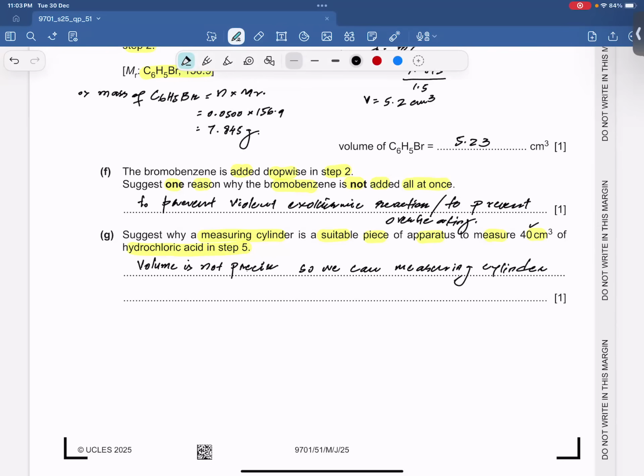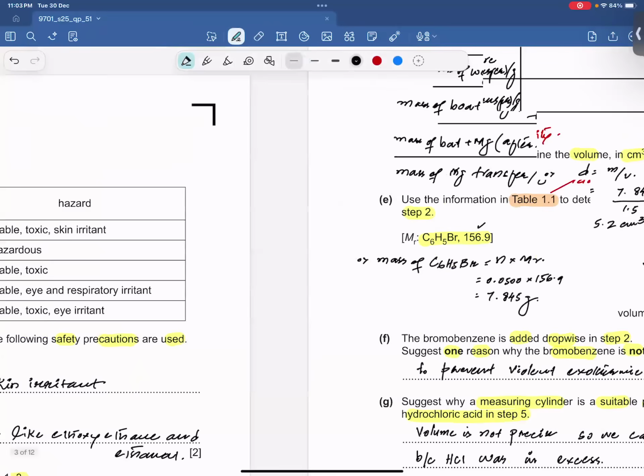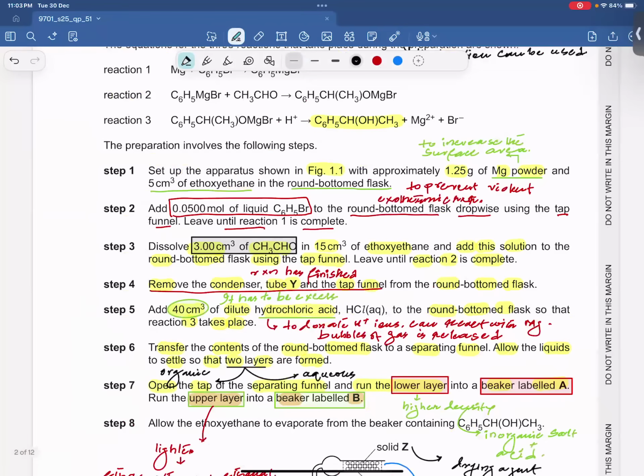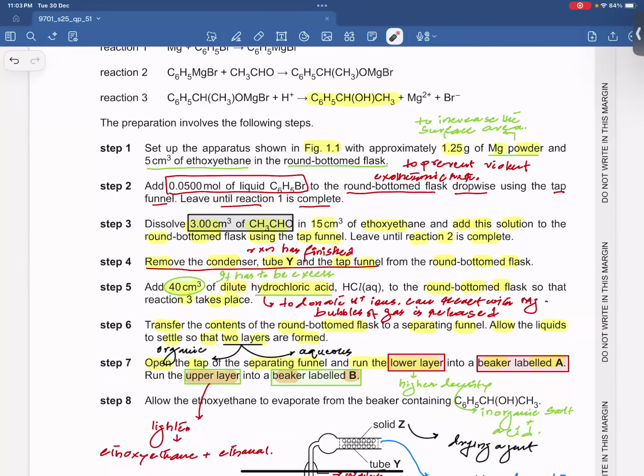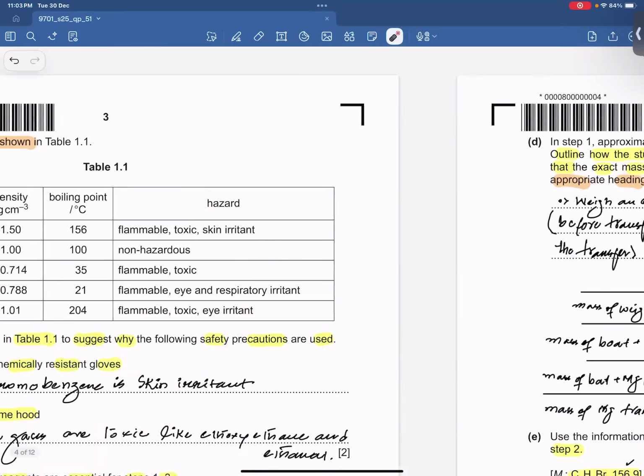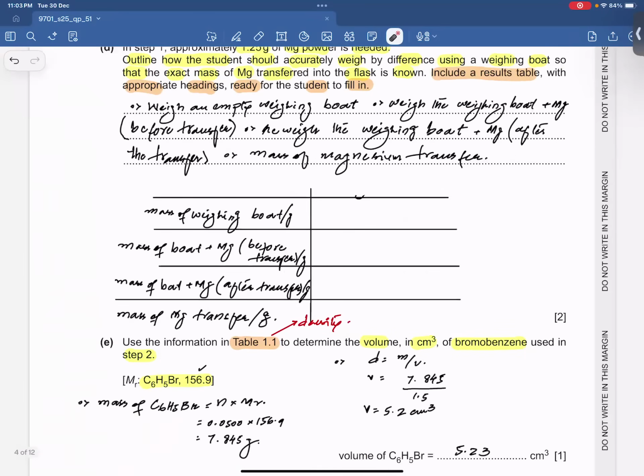Because HCl was in excess. That's the statement. Okay, let's move on to the next page.